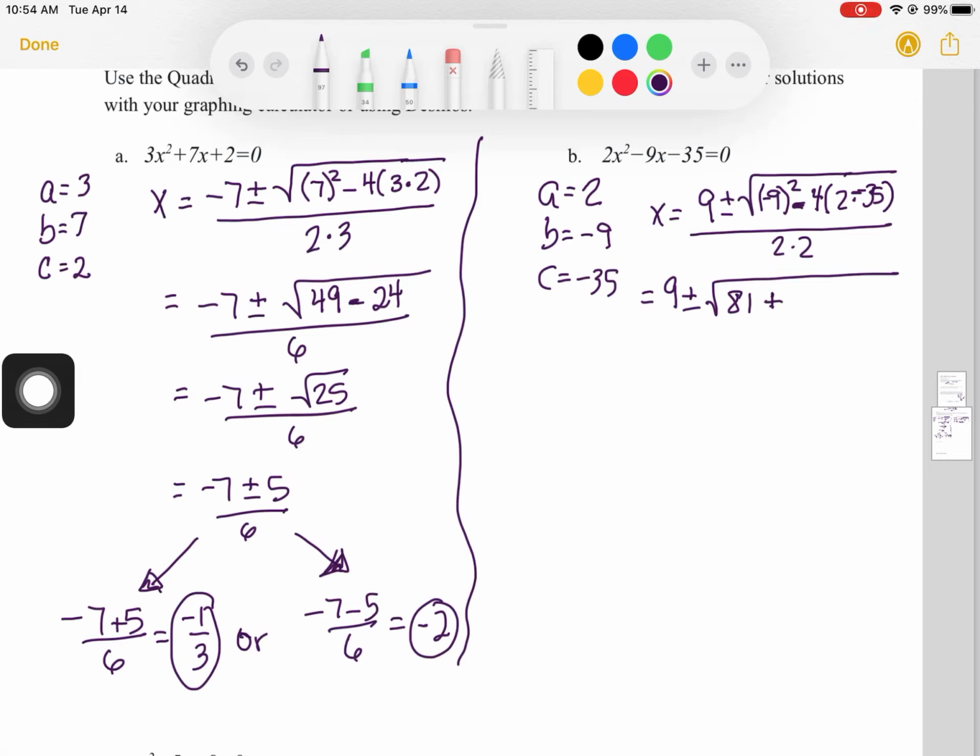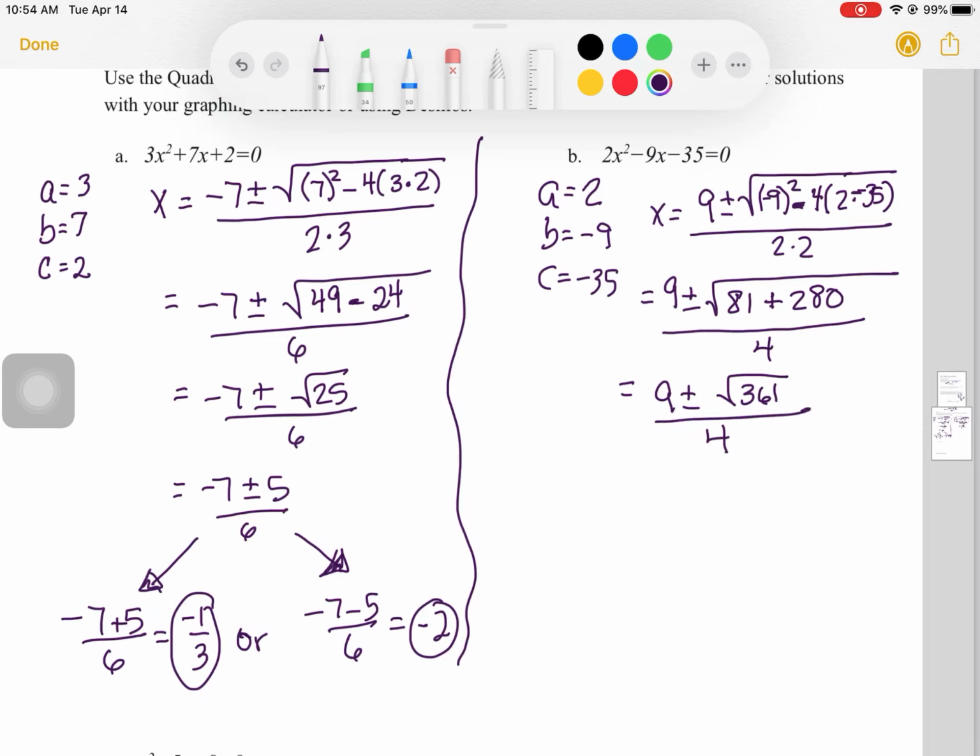Those two negative signs are going to cancel each other out. So it's going to become plus 2 times 35 is 70 times 4 would be 280. This is all over 4. I'm going to continue with my simplifying.